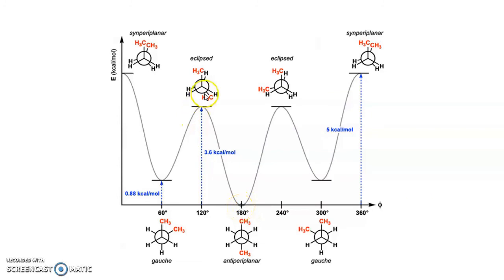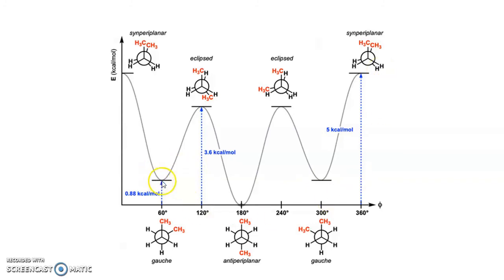And again, as you increase the dihedral angle, the molecule attains the eclipsed conformation. Again, you increase it, the energy comes down, and as the dihedral angle reaches 360 degrees, you reach again the syn conformation.